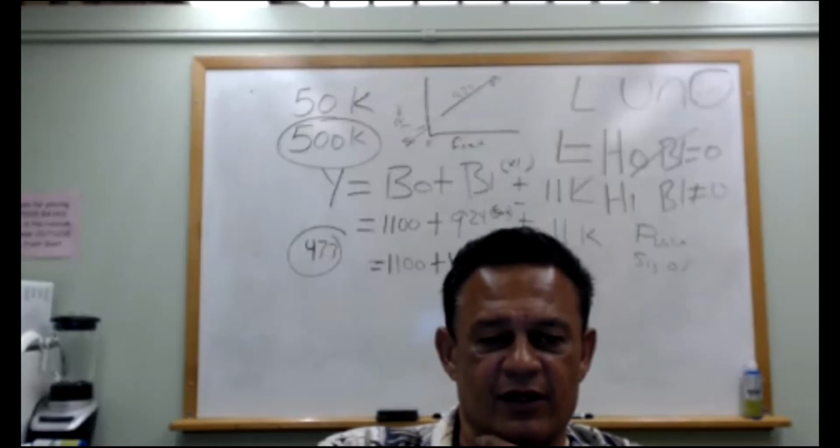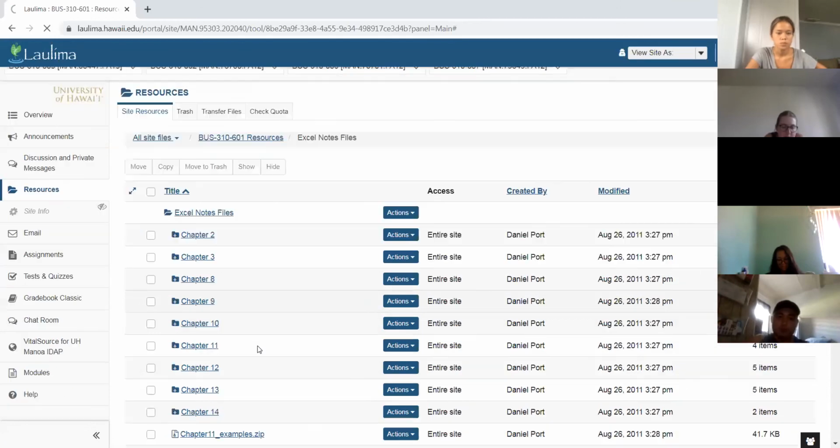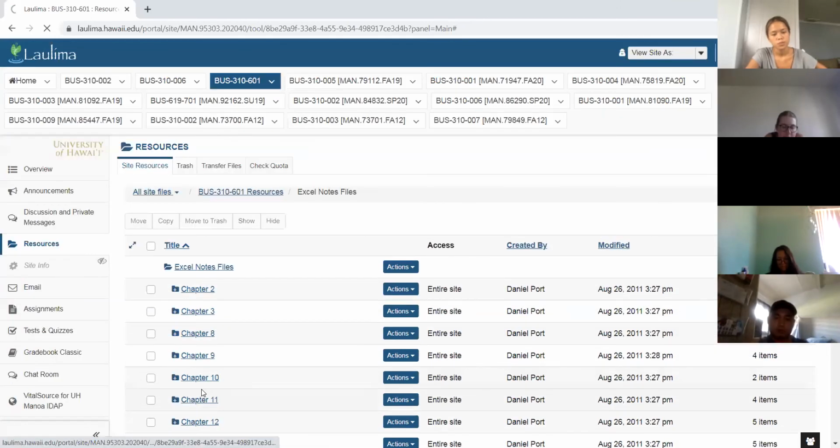Let me do this. Give me a thumbs up if you can see this, Wilfred. Do we see my Lalima page? I'm going to go to Excel note files. I'm going to go to chapter 13.